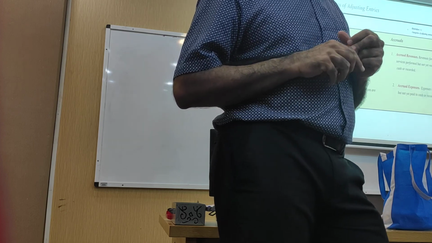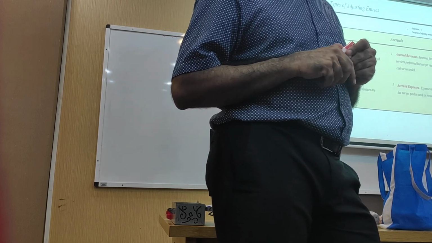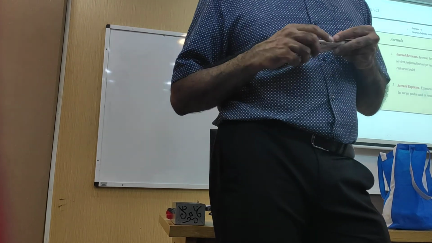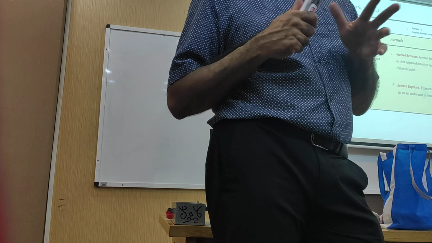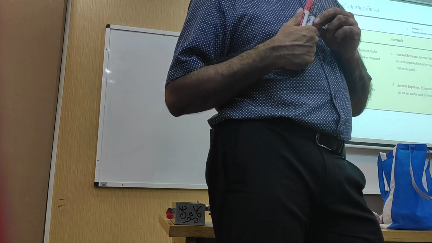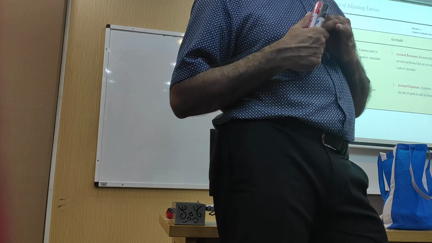All right, so in total we have 4 sets of adjusting entries. We have prepaid expense, unearned revenues, accrued expense, and accrued revenues.